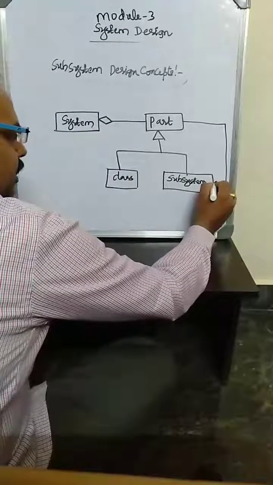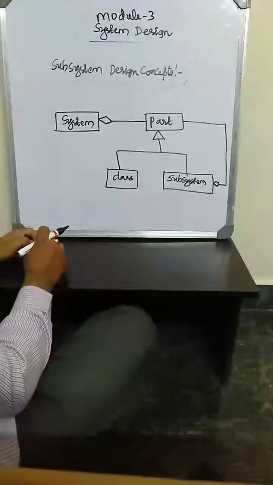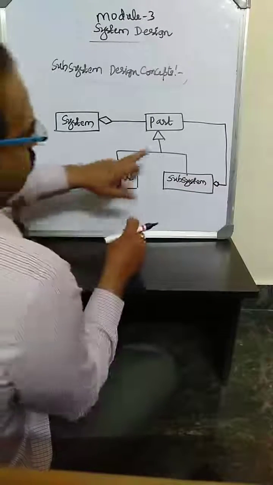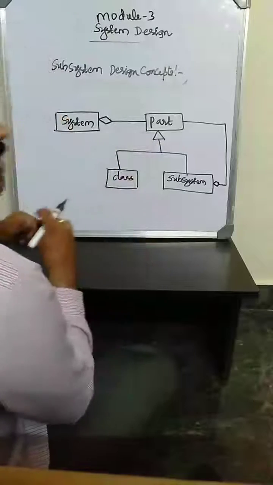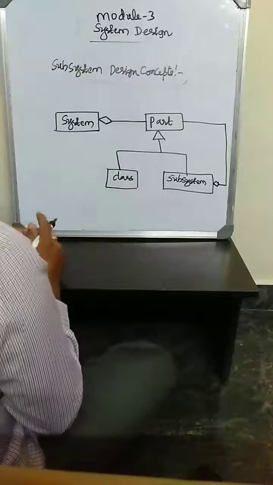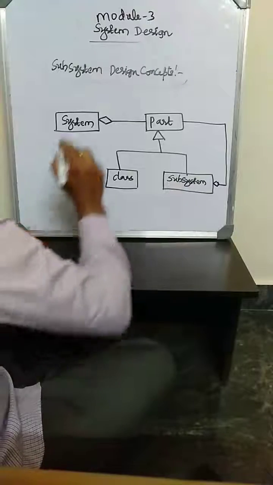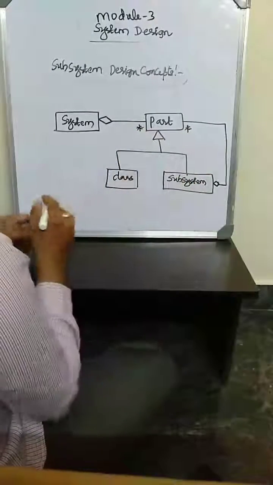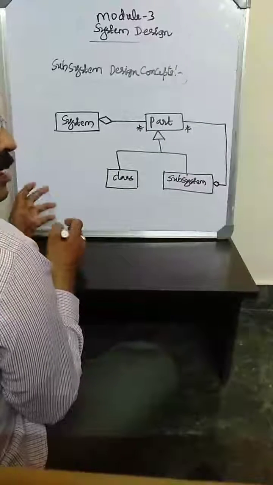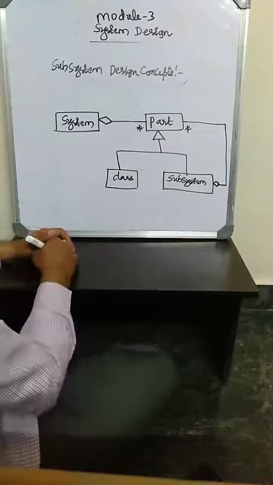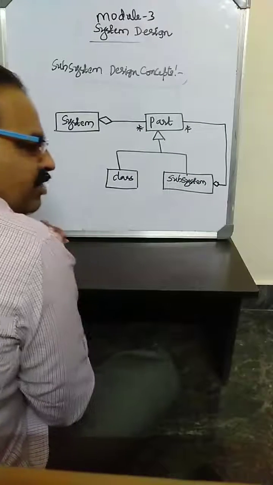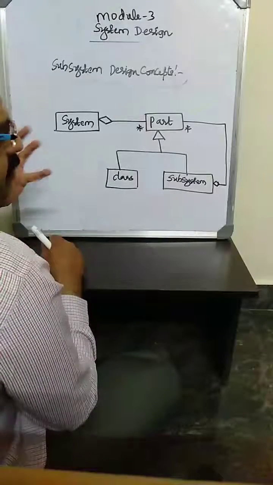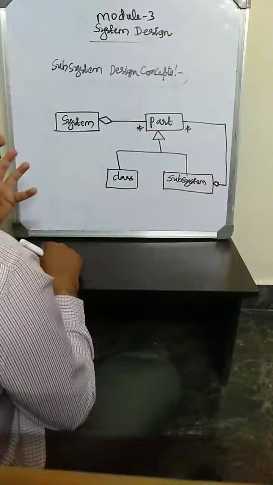So what we may understand is that it is associated and it is aggregated. Here we are able to place a star, which means many to many. If you write 1, comma, 1, it is 1 to 1. Those are the relationships that you may exhibit with the different entities.